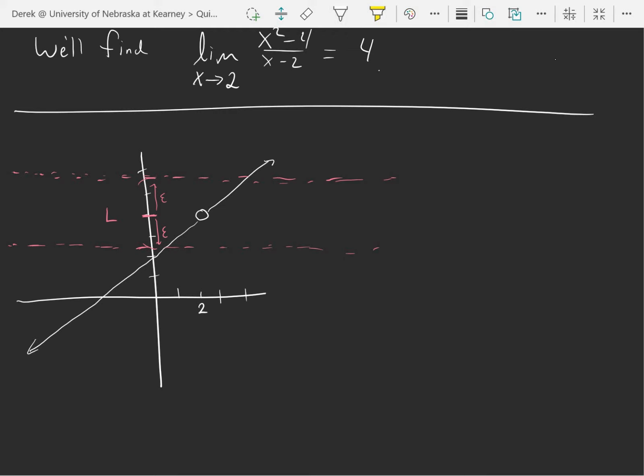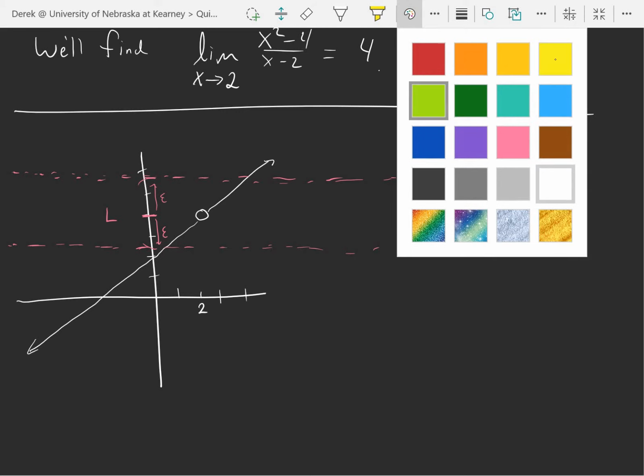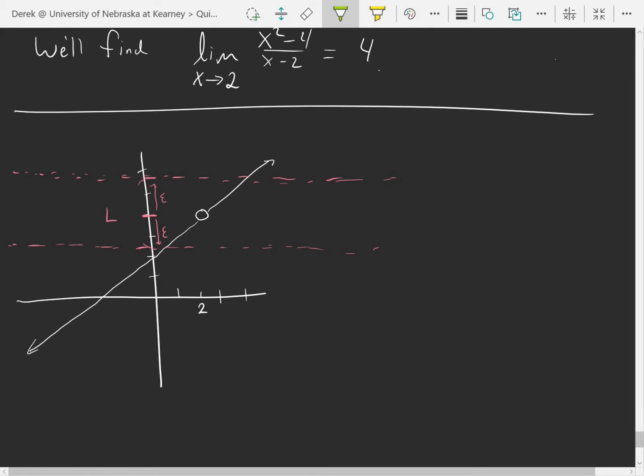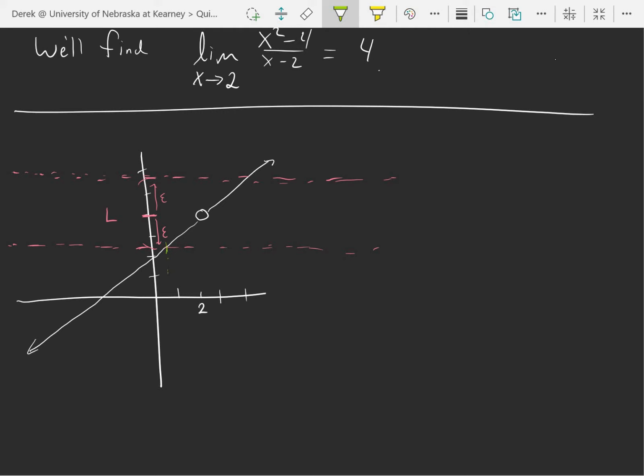How far left and right of 2 can I be and stay within that pink band, that pink bubble? Well, it looks like I can come down to about there, and I can go up to about there, and this is going to be what my delta is. Okay. So if I want to stay within the pink band, I have to stay within the delta band, the green band. I want everything inside this function to be inside this little rectangle here.